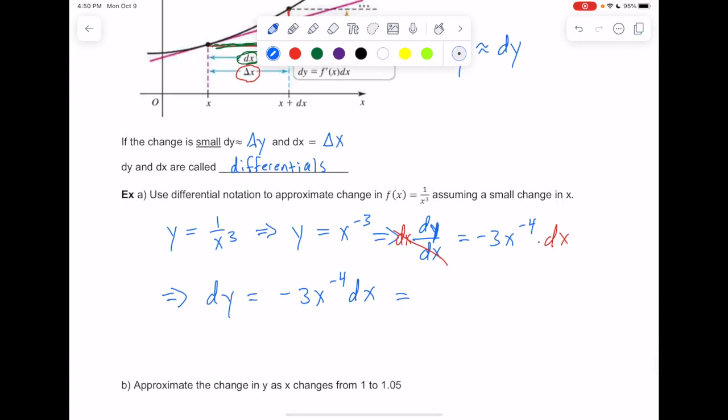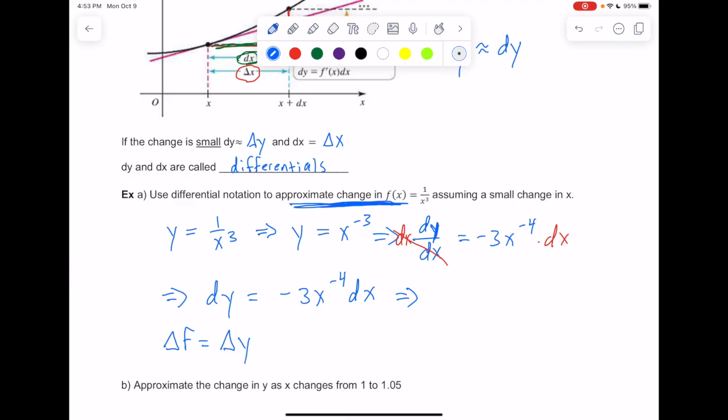All right. So that's what dy is equal to, but they wanted us to use differential notation to approximate the change in f. So we can write down the change in f that they want from us, but I've substituted y in place of that, so that would be equal to the change in y.